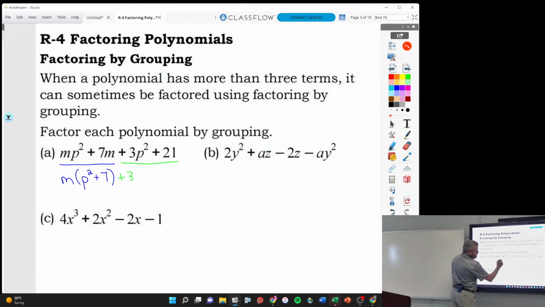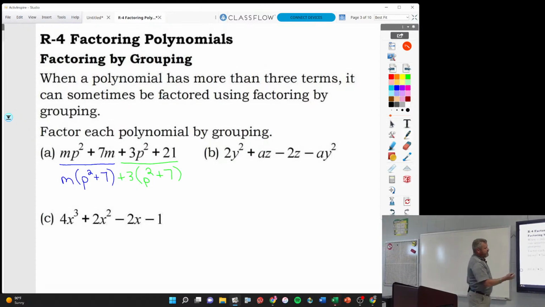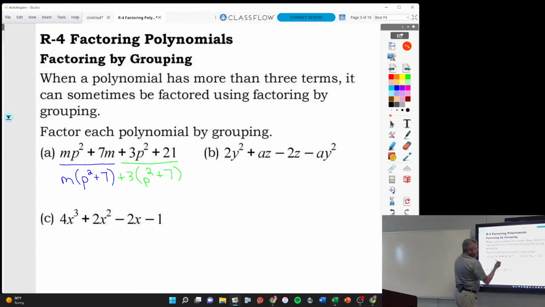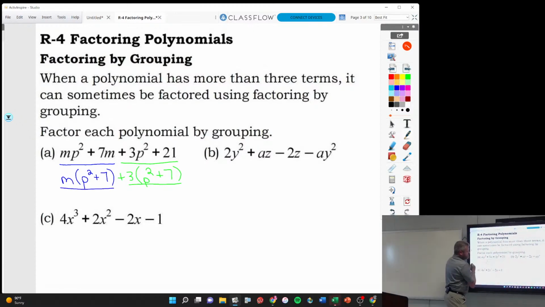If I factor a positive 3 out of that, 3 times p squared gives me 3p squared, and 3 times plus 7, 3 times 7 gets me that 21. So what I've done is I've taken 4 terms, I've grouped them, and now I have 2 terms. This is 1 term, and this is 1 term.